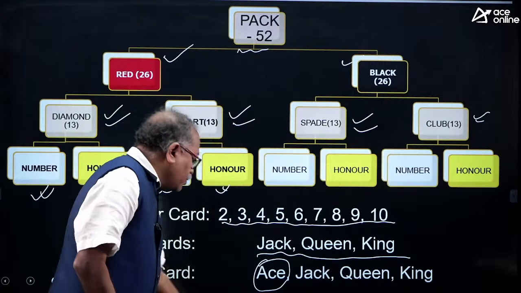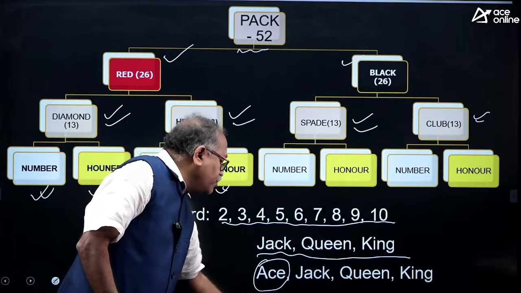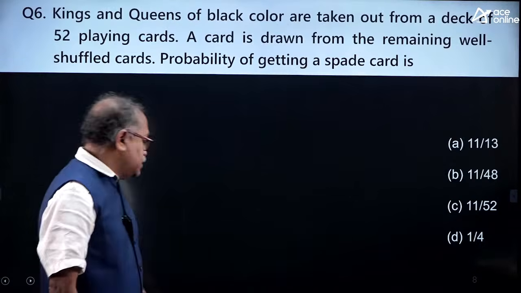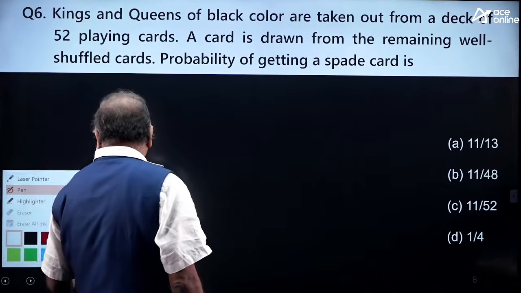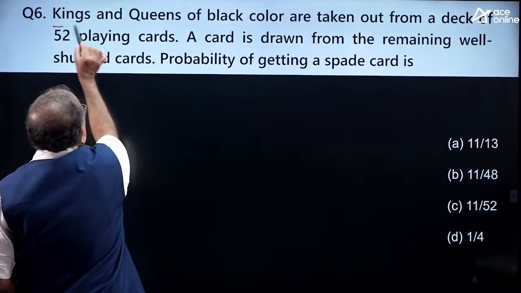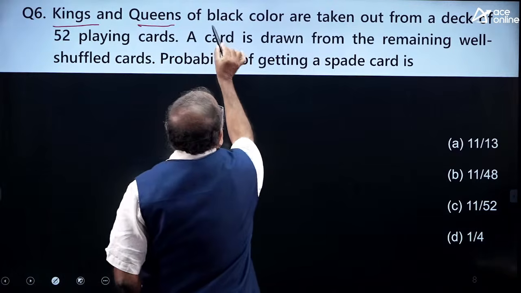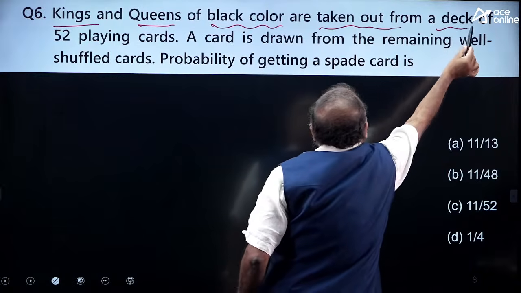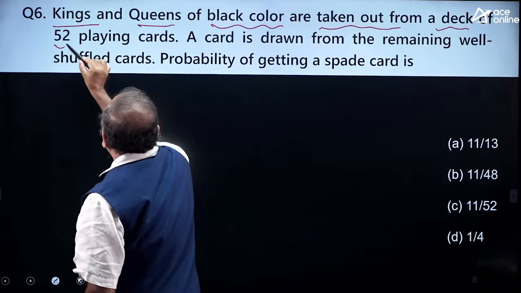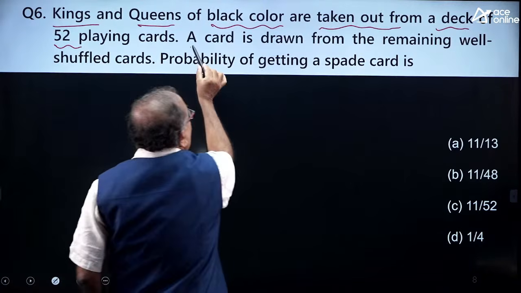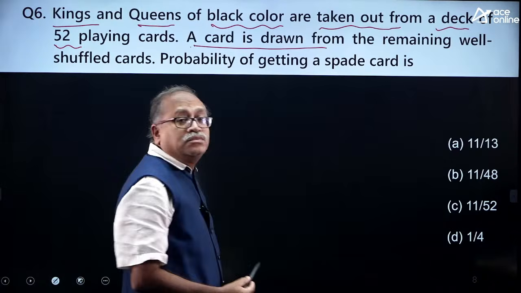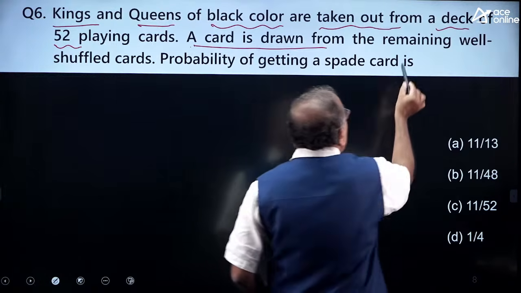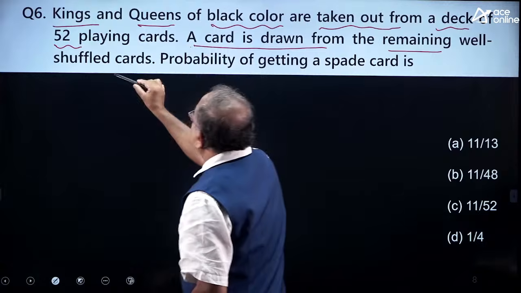Okay. Now I am coming to the question part. What is the question? The king and queen of black color are taken out from a deck of 52 cards. Now a card is drawn from the remaining well shuffled cards.